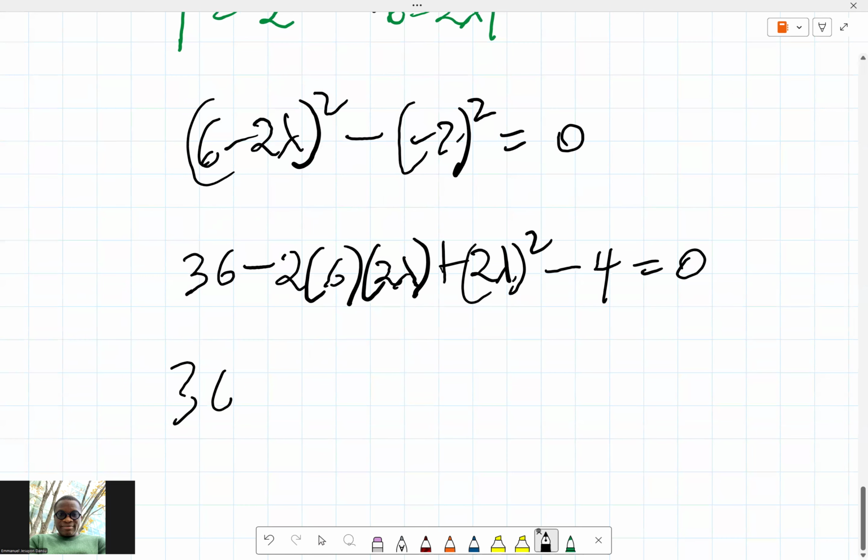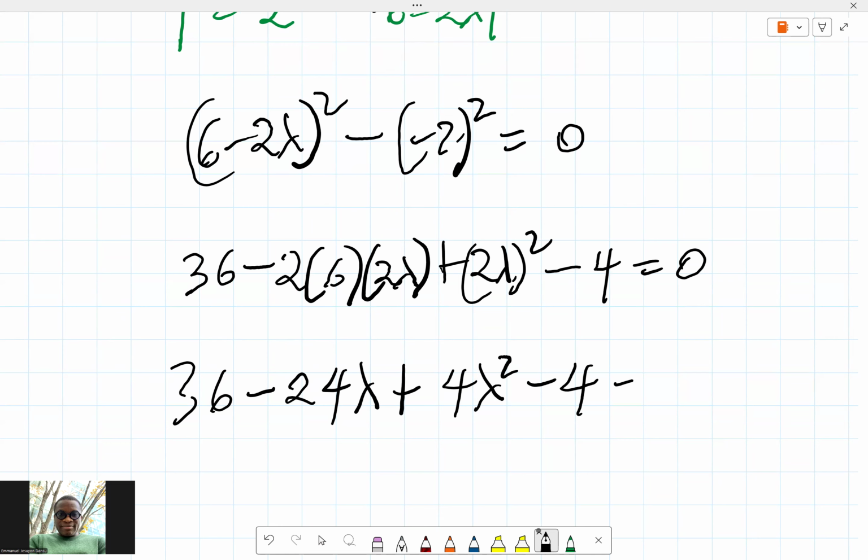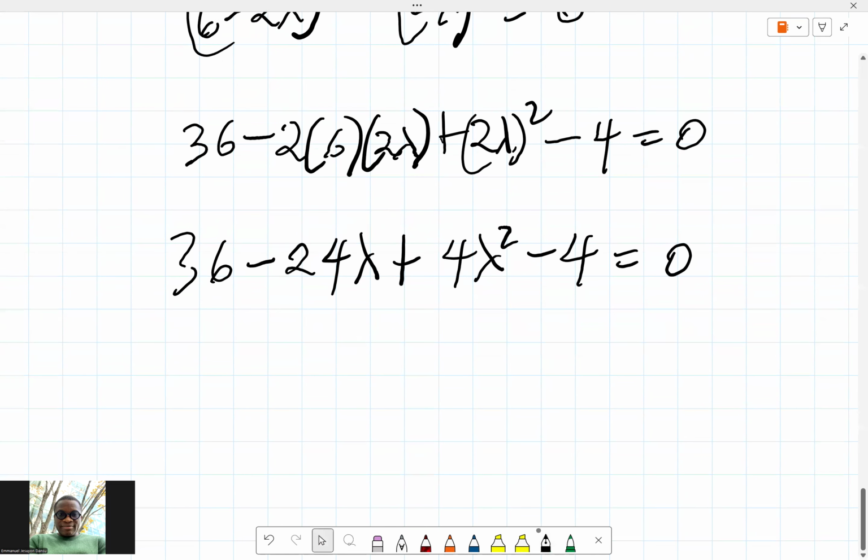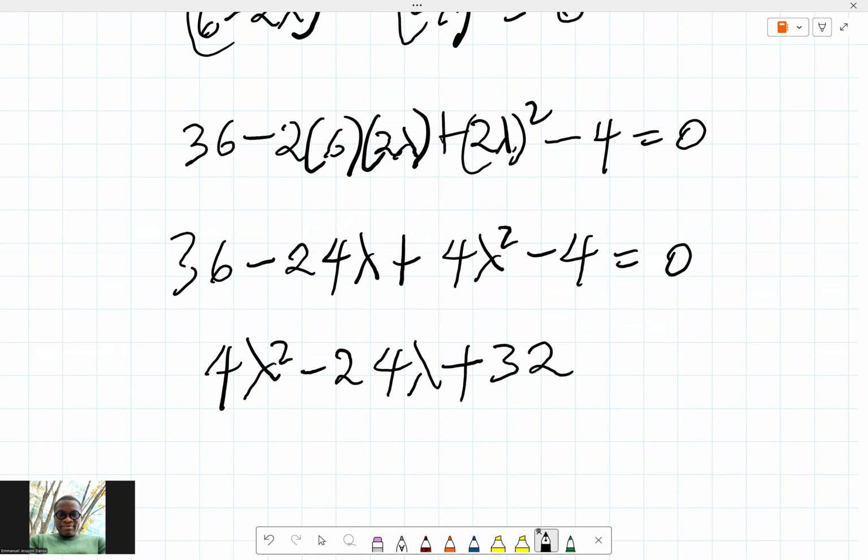So we have 36 minus 2 times 6, 12, that's 24 lambda, plus 4 lambda squared minus 4 equals 0. So if you tidy up all of that, we have 4 lambda squared minus 24 lambda, 36 minus 4 is plus 32, and that is equal to 0.